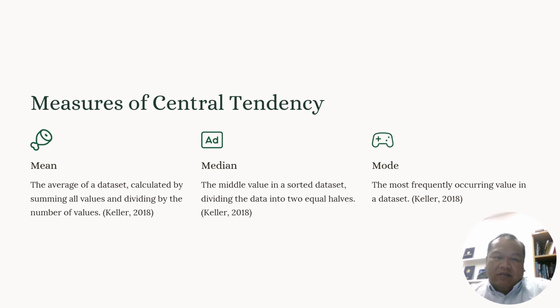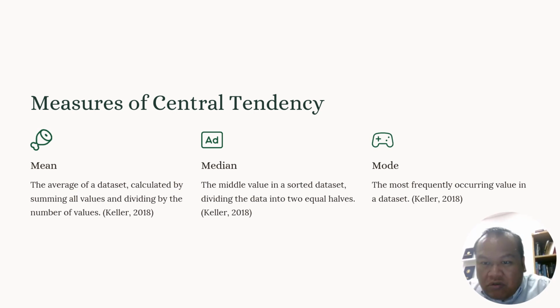Okay, so what are you going to do? You divide the data into two equal halves. So again, you add. That's 2,400 divided into two equal halves. Then the median is 1,200, or that's the middle.